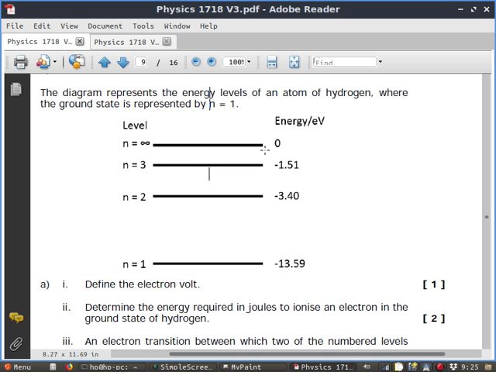But this energy isn't lost, it was just changed. For example, if it goes from 0 to minus 1.51, then it must have made a photon with energy plus 1.51.